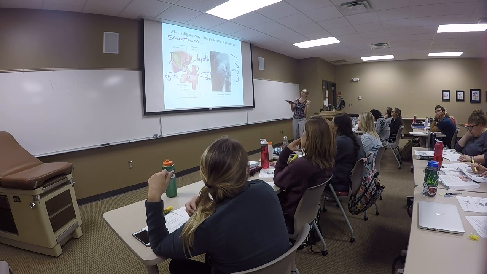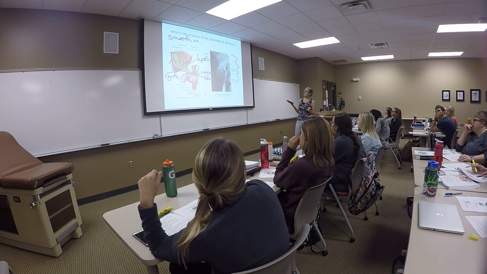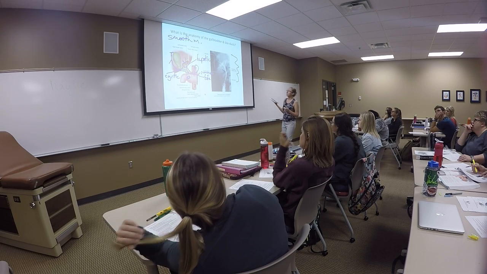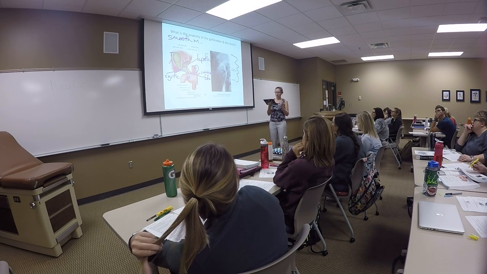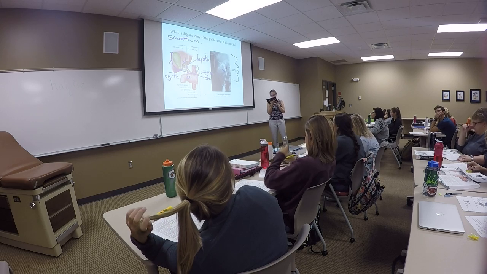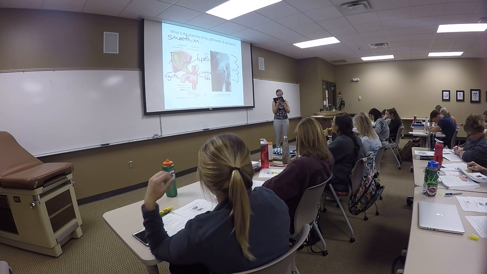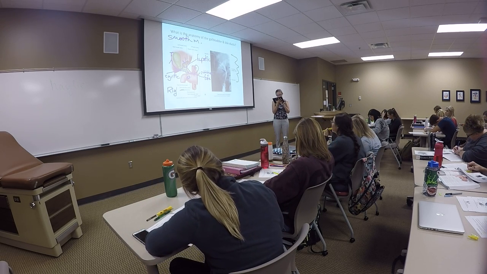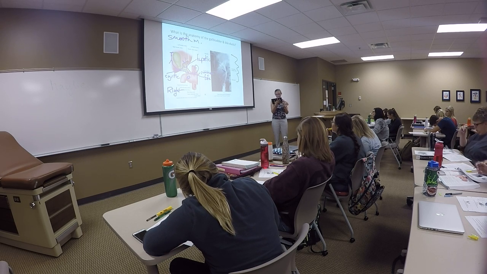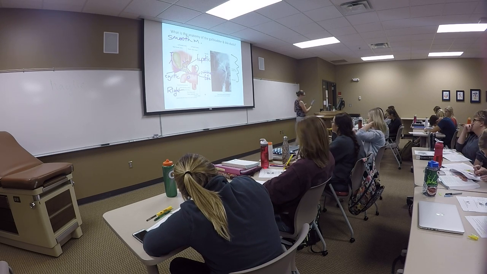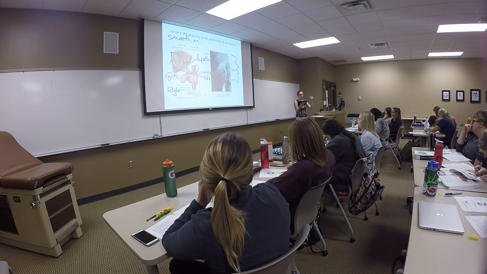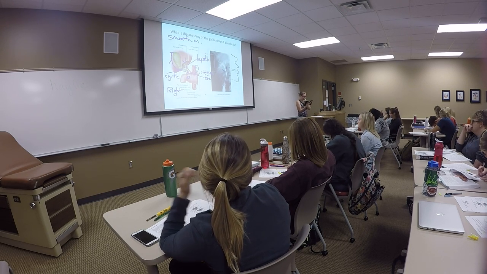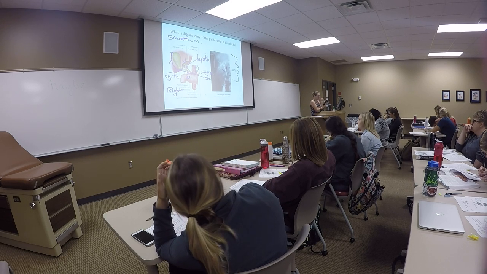Oh, there, I see what you're saying. It's pointing to one further down on the bottom, and that should be the right gastric artery. Yeah, so that is not right. That should be right gastric artery. Good catch. Then remember, the right gastric artery is a branch off the common hepatic artery.